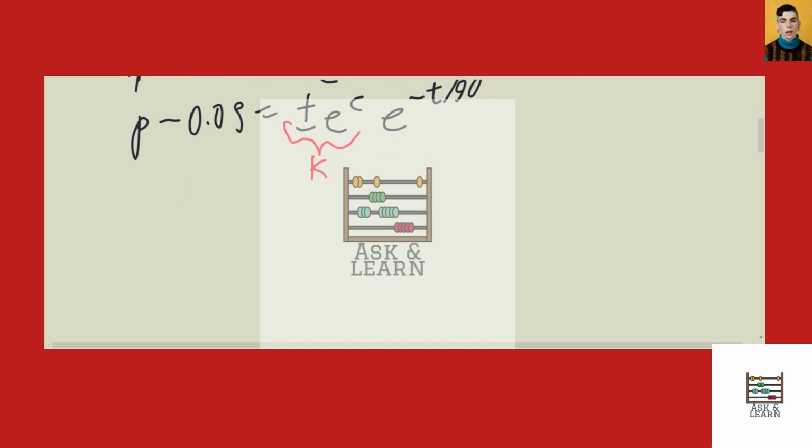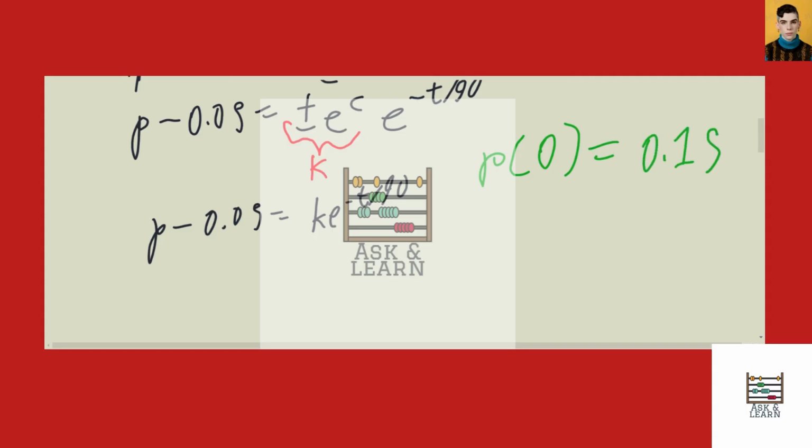And we get p minus 0.05 is equal to k e to the negative t over 90. Once we get to this point, we can use our initial value that we're given, which is that p of 0 is equal to 0.15, because that's what the percent was initially at t equals 0.